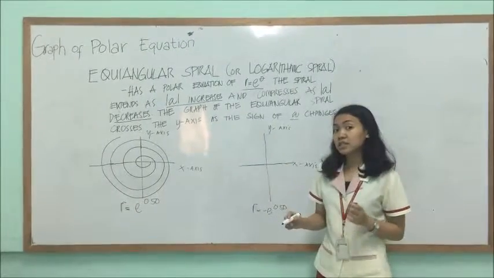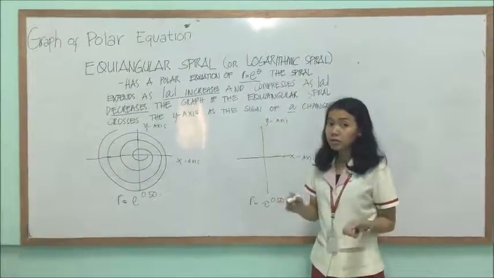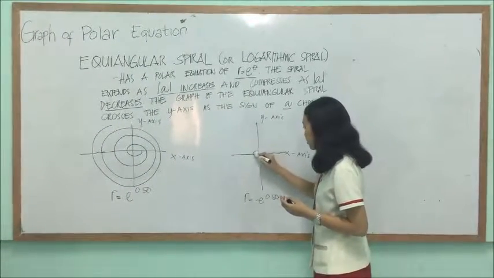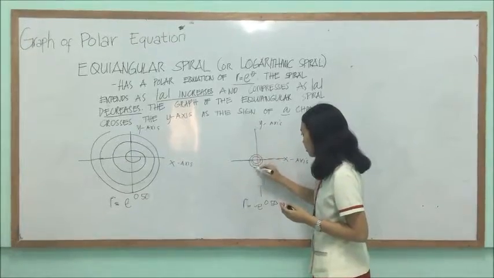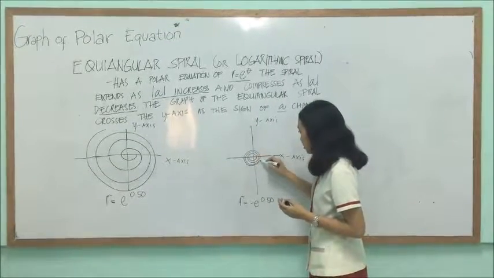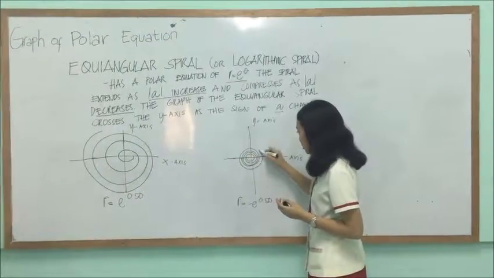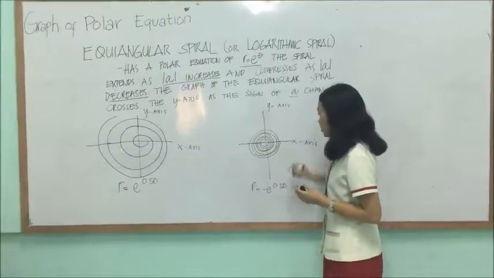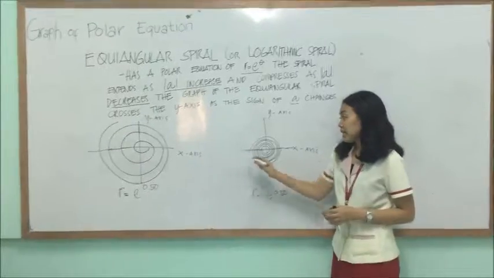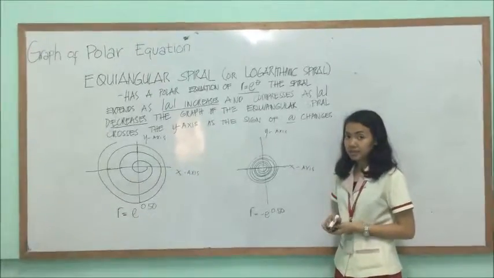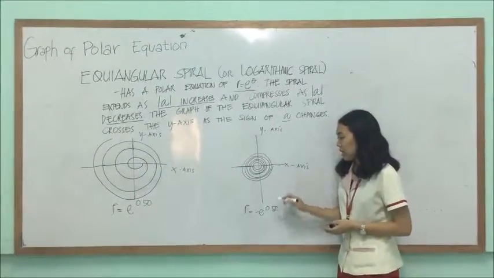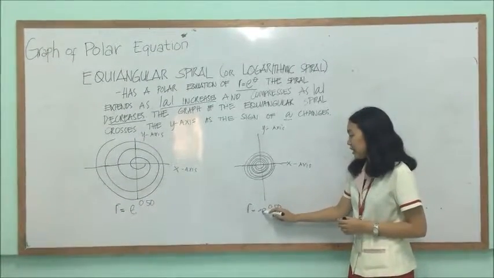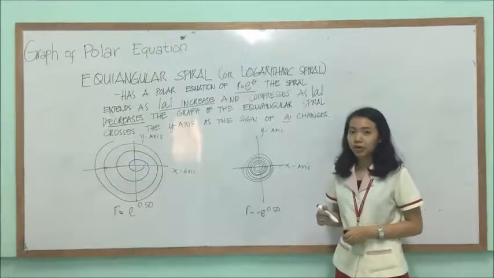When your a is negative, you will turn to the left. As you can see, this graph is compressing because a decreases. The formula used is r equals negative e to the power of 0.5 theta.